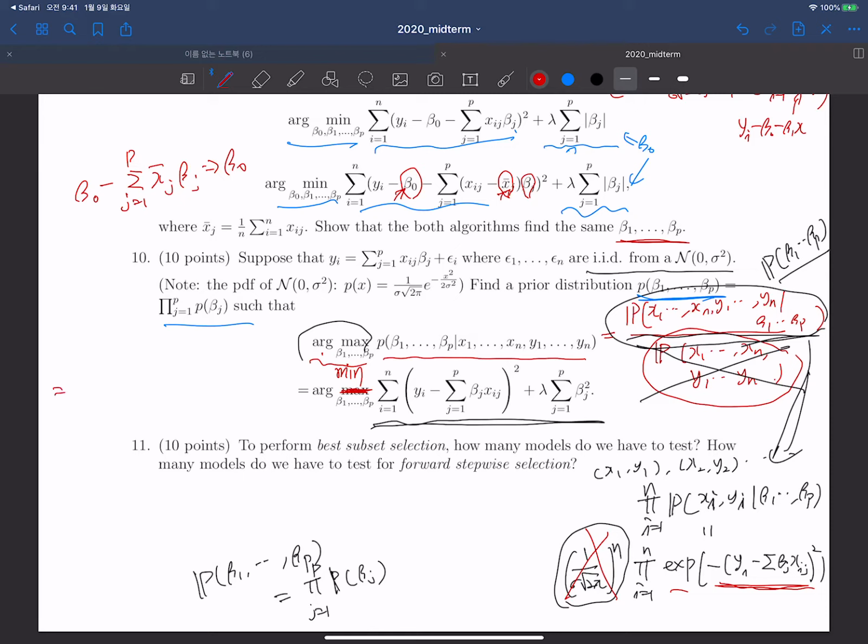Argmax of this is equal to the argmax of the summation of minus yi minus the sum of beta j xij, squared, plus the sum over j of ln of the probability of beta j.